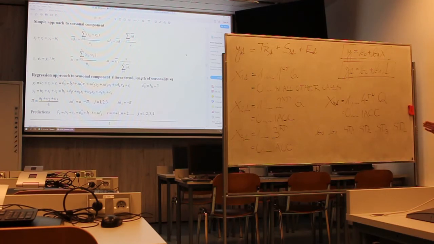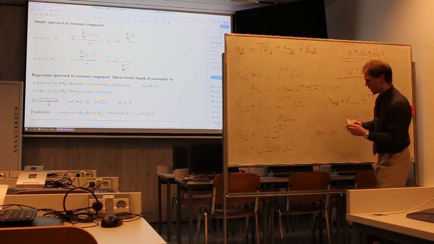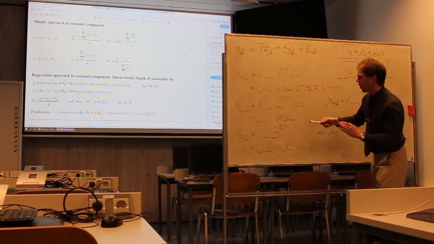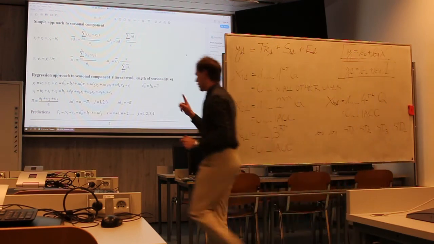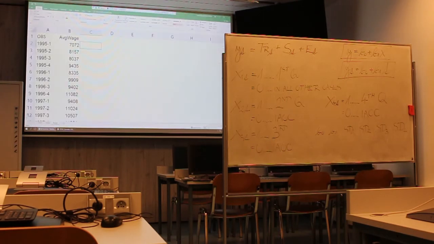At least this will be the entry data for this least squares method. You can imagine the structure of the data set of these dummy variables. Please check the Microsoft Excel sheet 3 as data set.